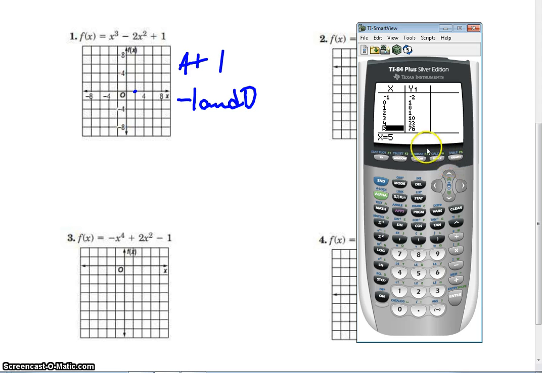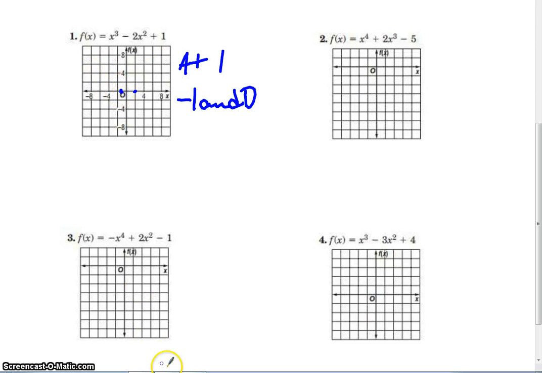So let's go zoom 6 and look at our graph. And I'm going to zoom in just because I like to see exactly where it's crossing. And so we have 1, 2, 3 zeros. Somewhere between -1 and 0, okay, so somewhere over here.